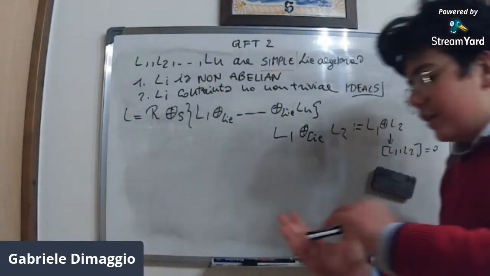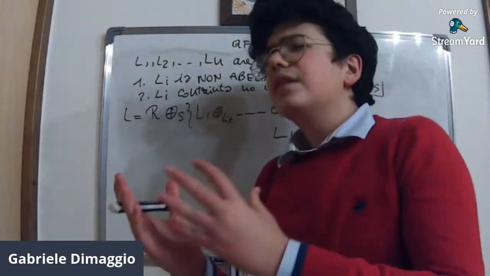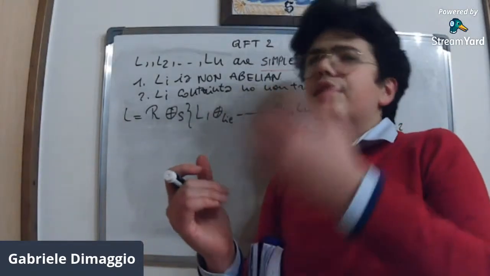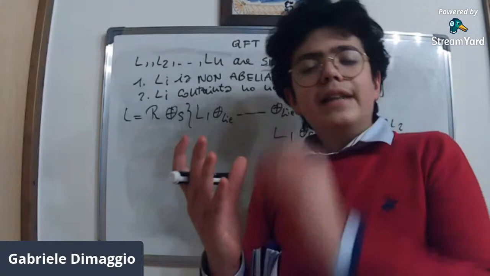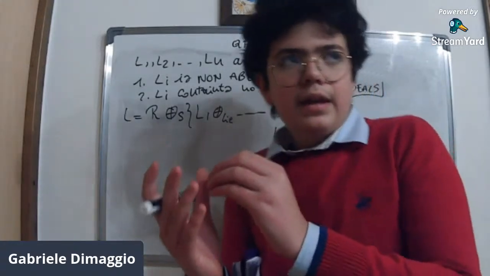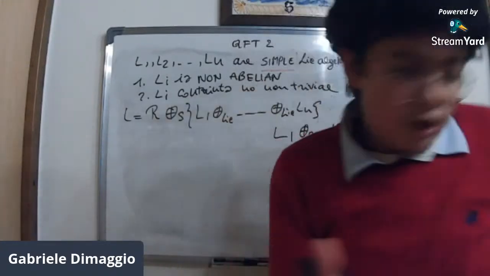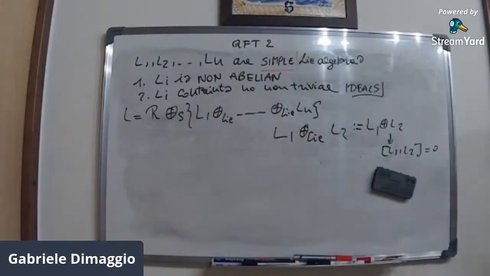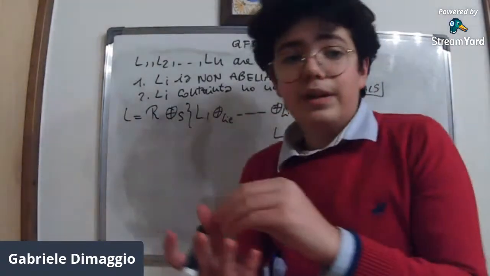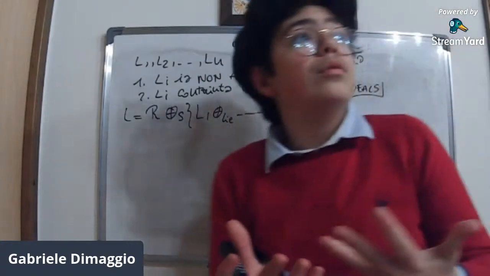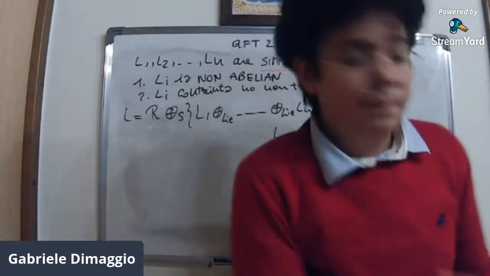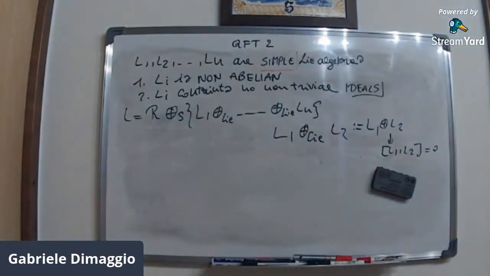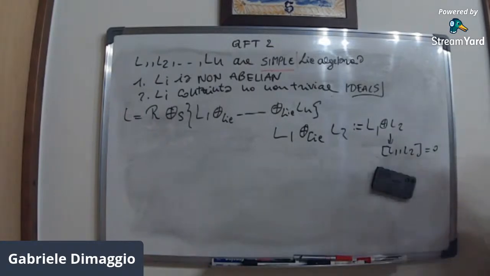Now we start talking about the classification of Lie algebras. So we are going to talk about this part of the Lie theory, the classification of Lie algebras, and we are going to talk about Dynkin diagrams too.